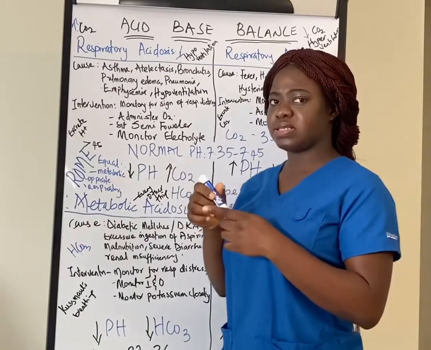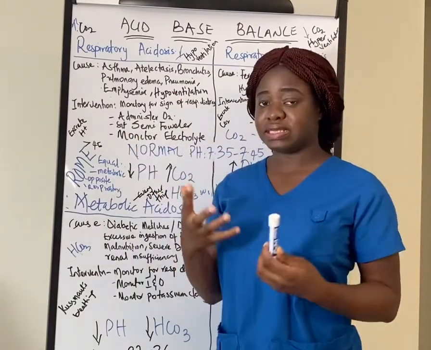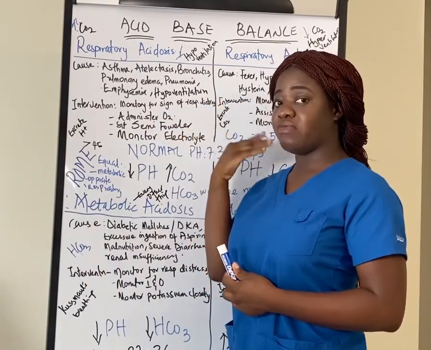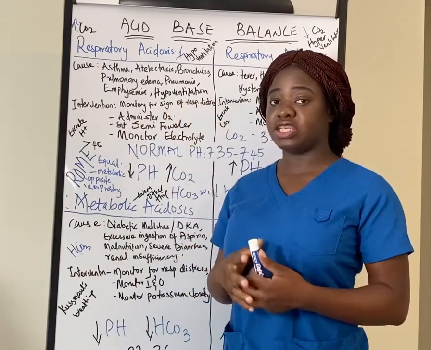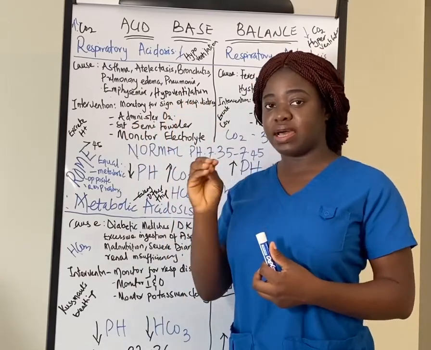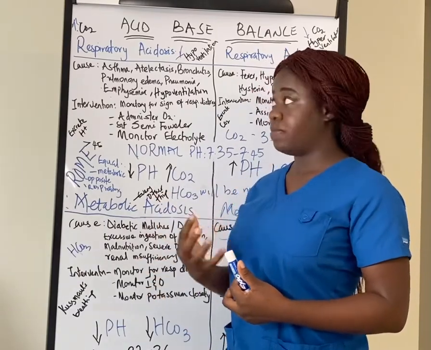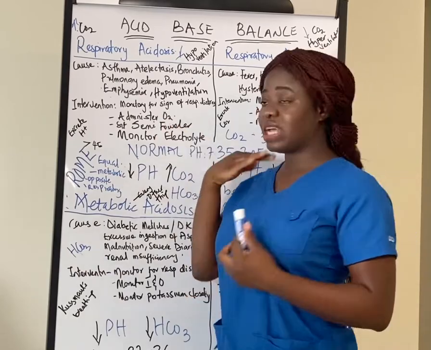What are the causes of respiratory acidosis? We have asthma, atelectasis, bronchitis, pulmonary edema, pneumonia, emphysema, and hypoventilation. That means a patient with respiratory acidosis will hypoventilate, retaining CO2 in the body. What are the interventions?